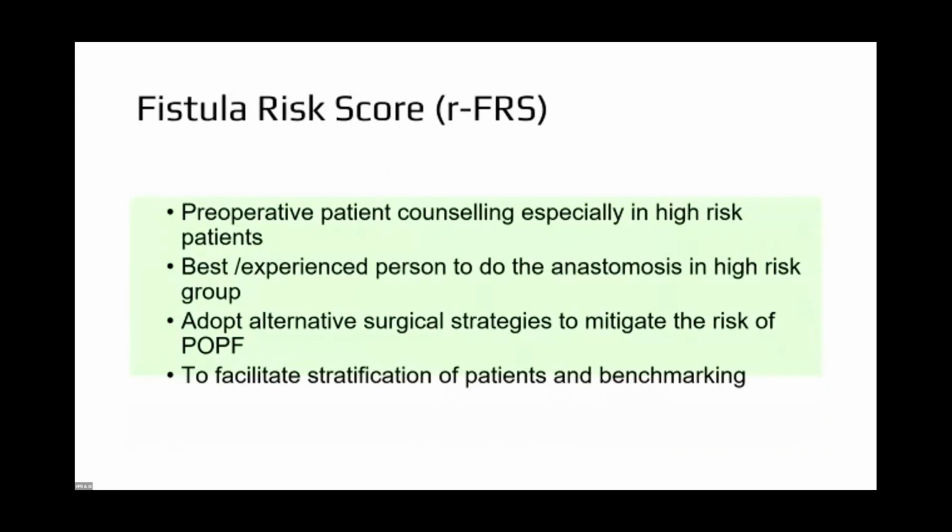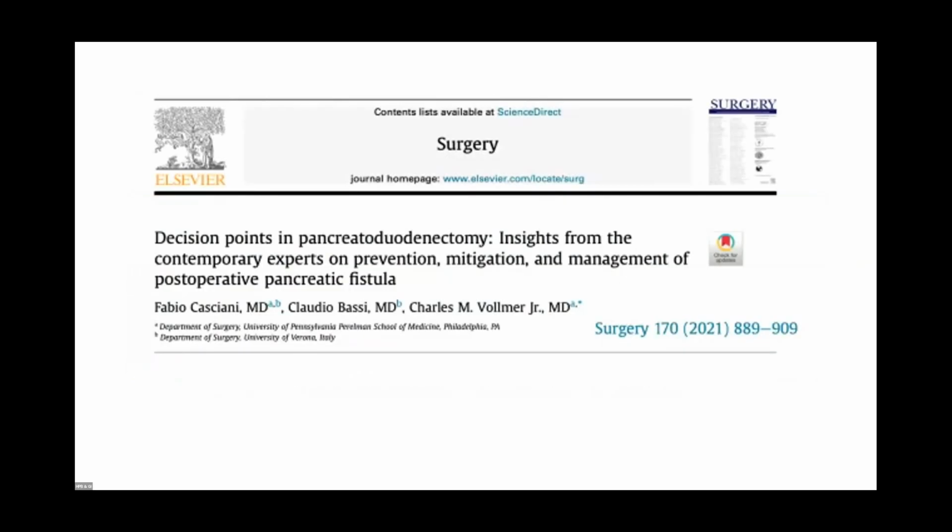So basically, I think it's important to identify these patients so that you can counsel them beforehand. You can get the best hand to do the anastomosis, adopt mitigation strategies. And of course, it helps in comparing studies because you generally don't know what is the fistula risk score when you are comparing outcomes of pancreatic fistula rates.